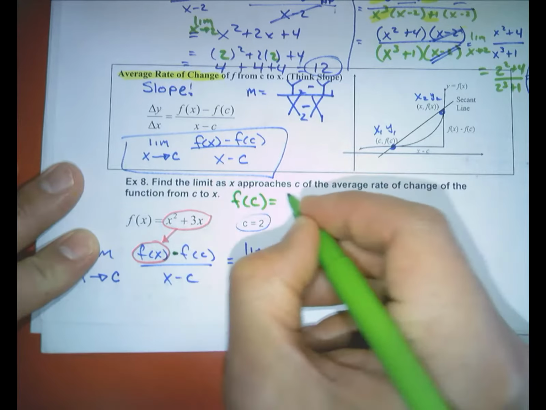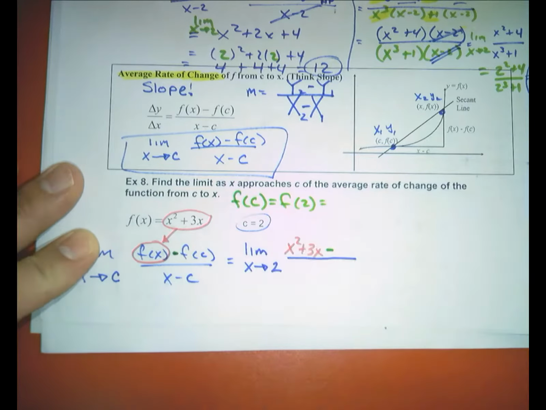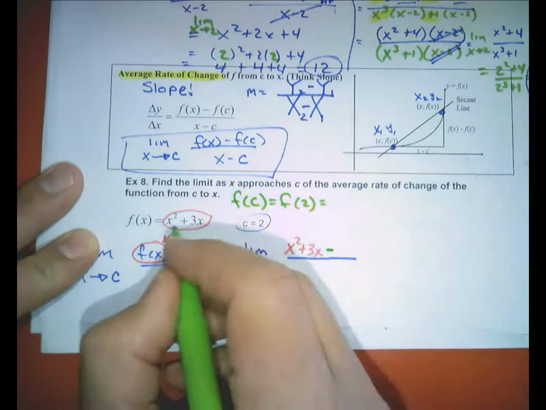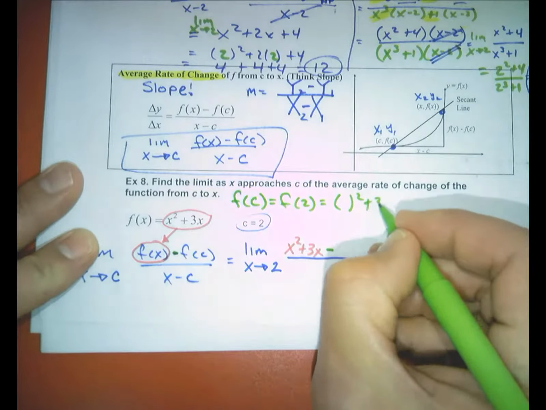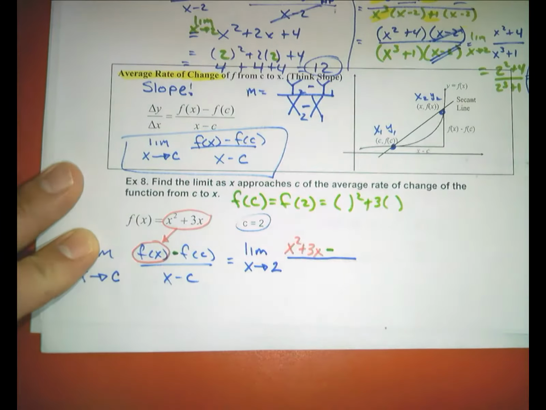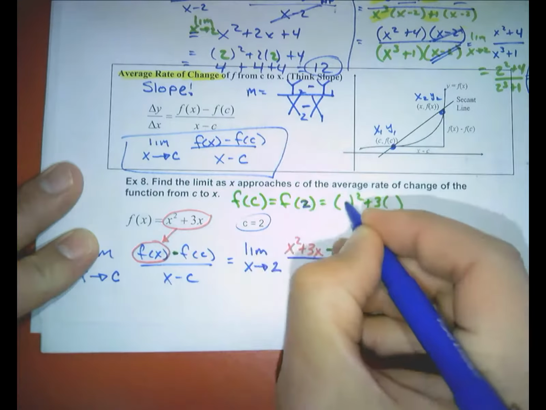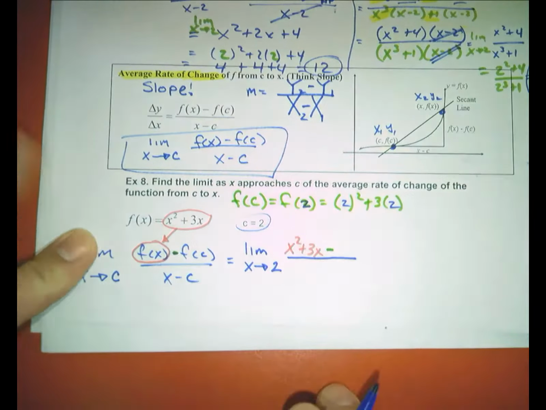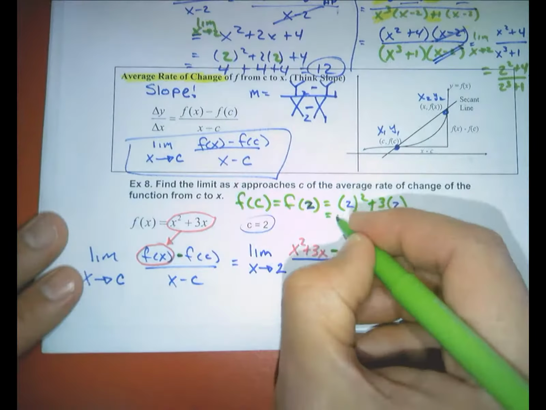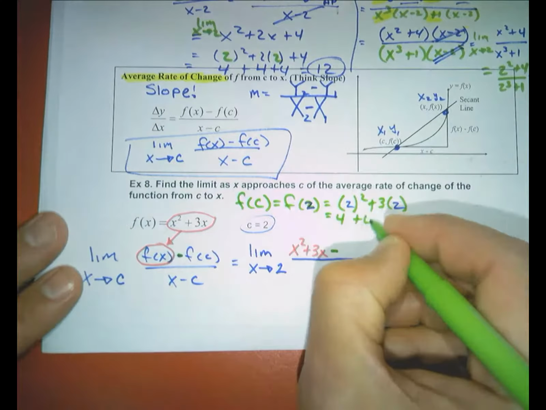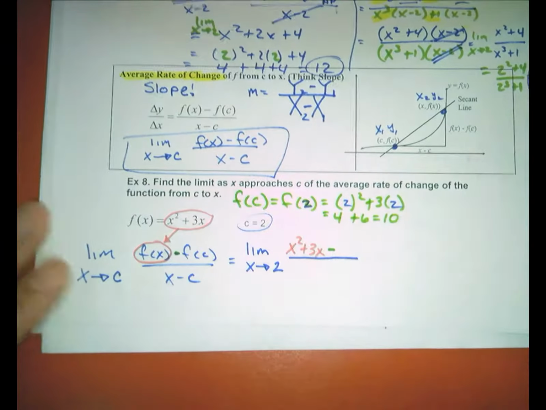Well, f of c is something I've got to compute. So f of c is f of 2, which is take my function and plug it in. Anywhere I see x, I'm going to plug in 2. So again, simplify that. 2 squared is 4, 3 times 2 is 6, 4 plus 6 we know is 10.